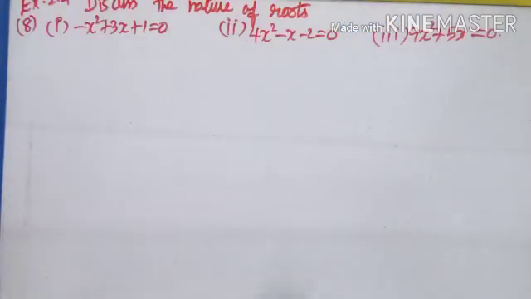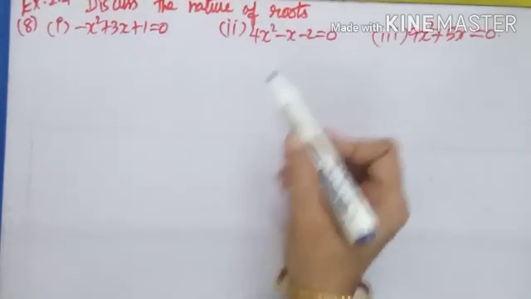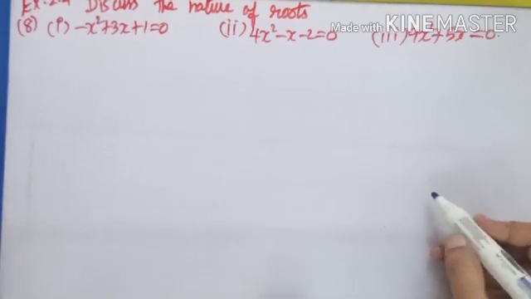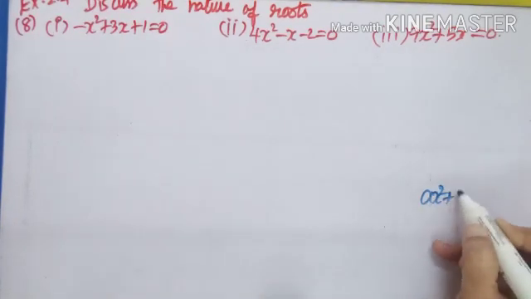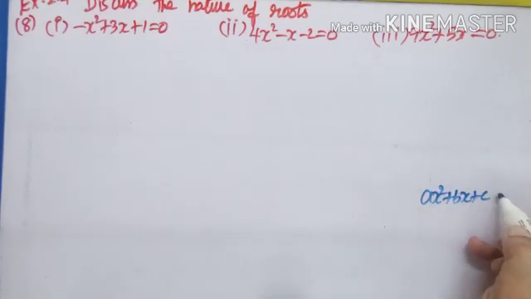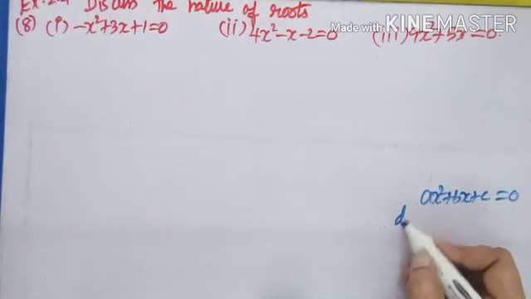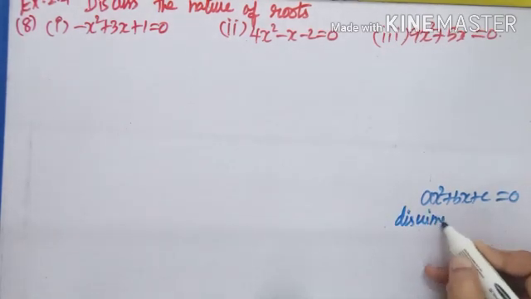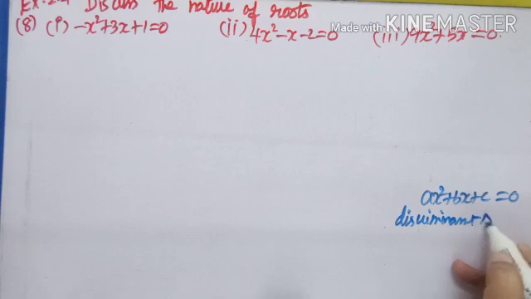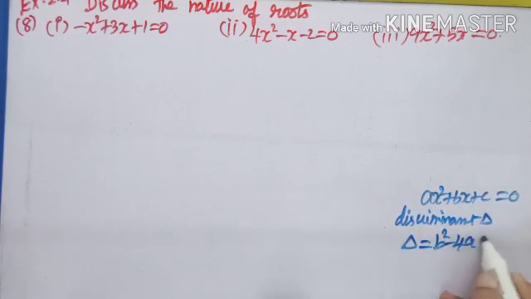Question number 8. Discuss the nature of roots. Now given ax square plus bx plus c equals 0, the discriminant we call del equals b square minus 4ac.